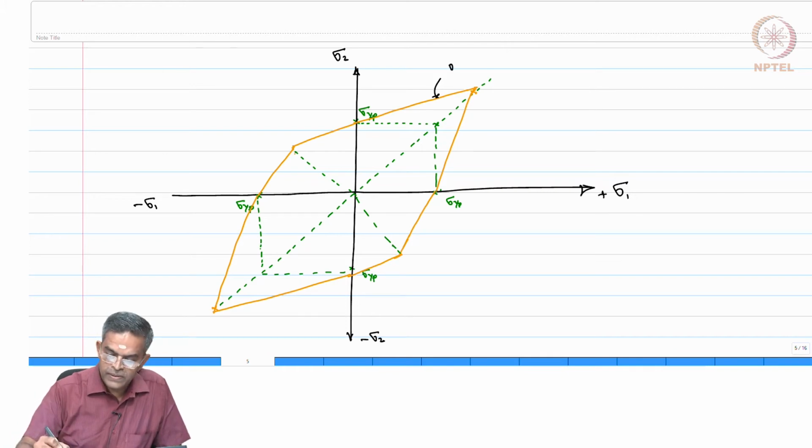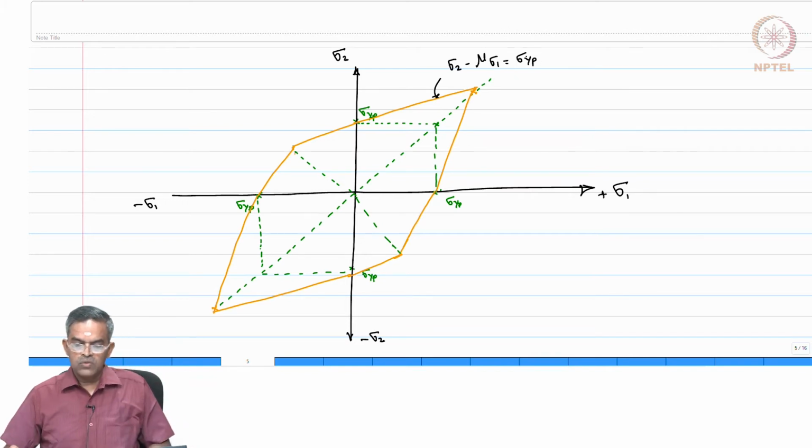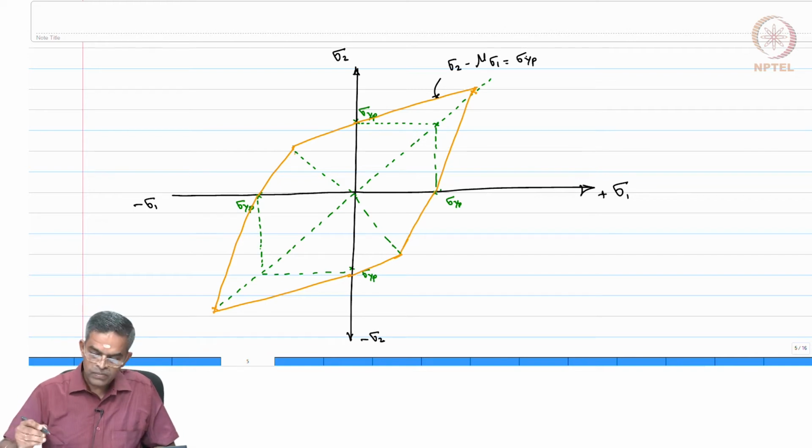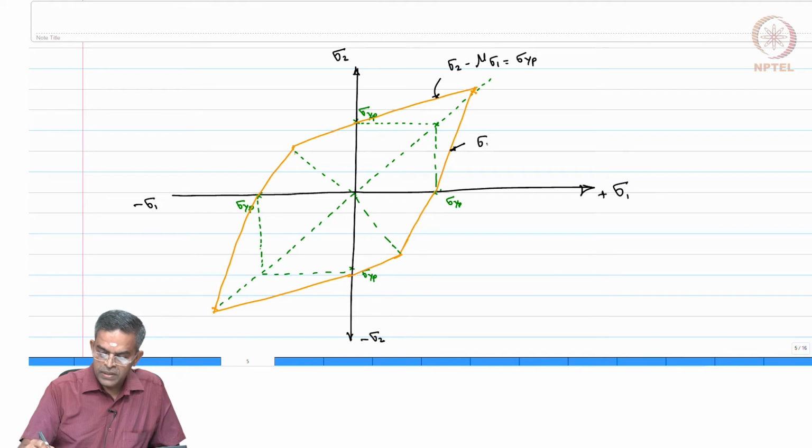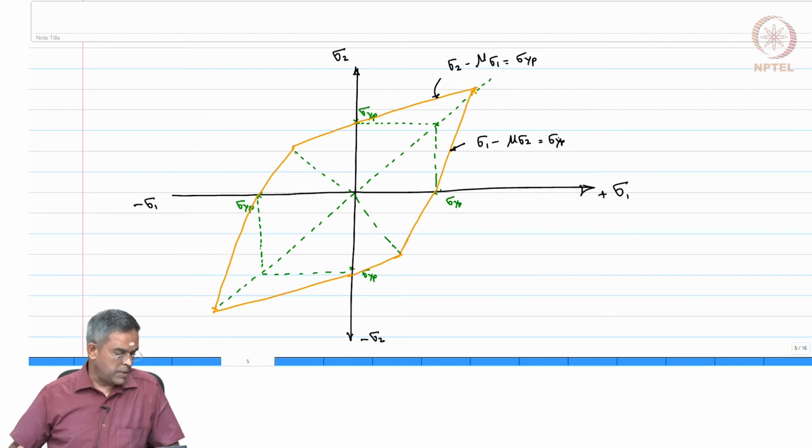In this case it will be sigma 2 minus mu sigma 1, which will be yp. So, sigma 2 exceeds sigma yp. This particular line, the equation will be sigma 1 minus mu sigma 2 will be sigma yp. So, sigma 1 will exceed sigma yp.